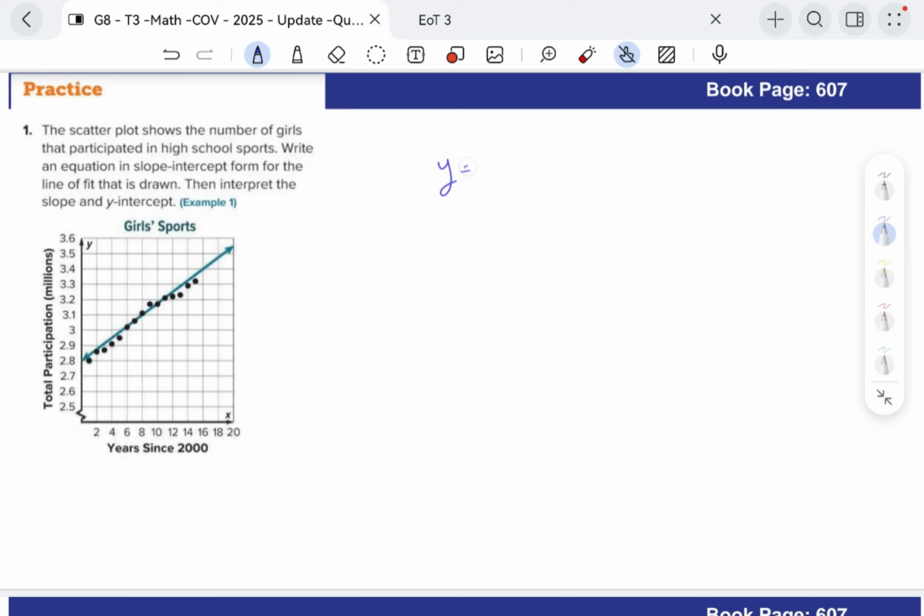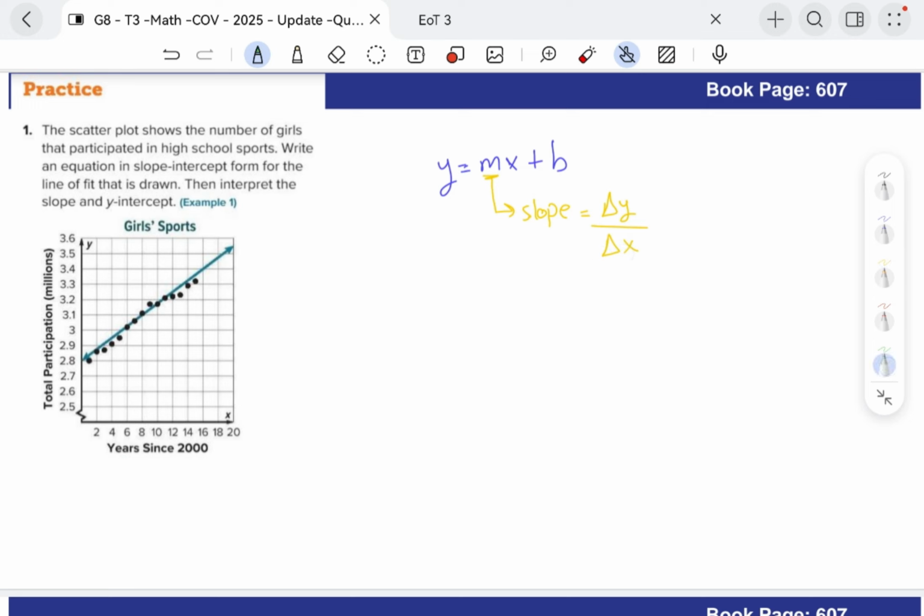y equals mx plus b, where m is the slope, which is the rate of change, the change in y over the change in x.